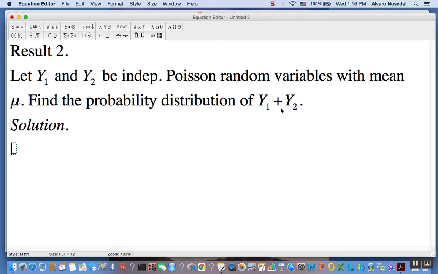Well, in sta360 you learned a few different approaches to finding the probability distribution of a function of random variables. One of them is the MGF approach, the MGF method.